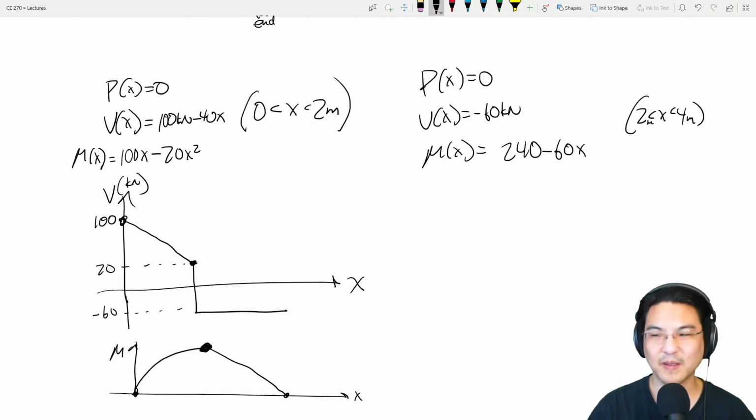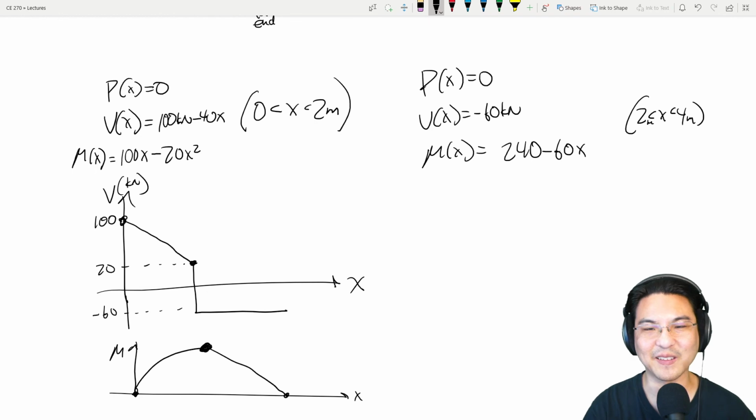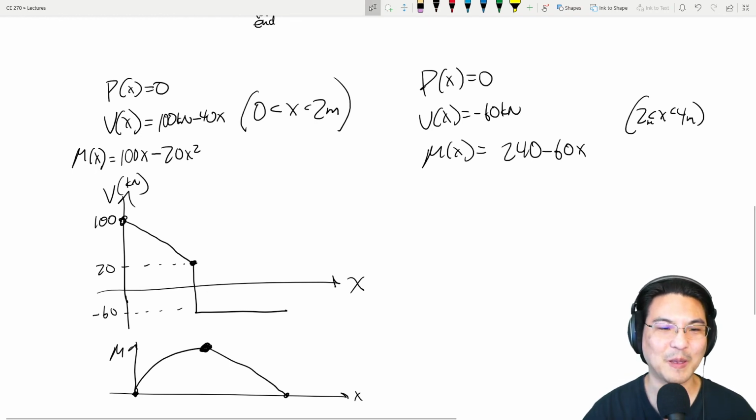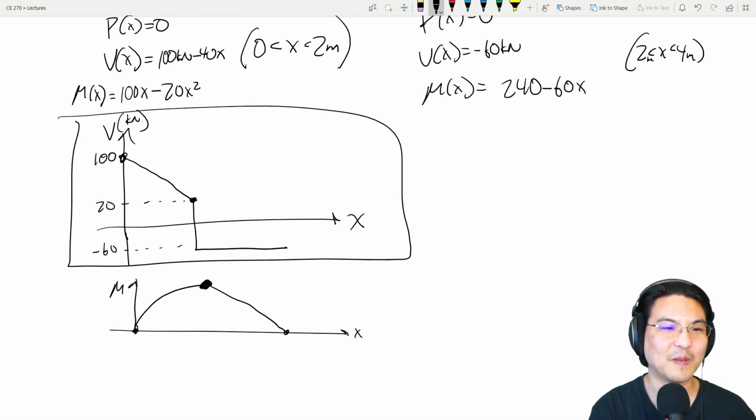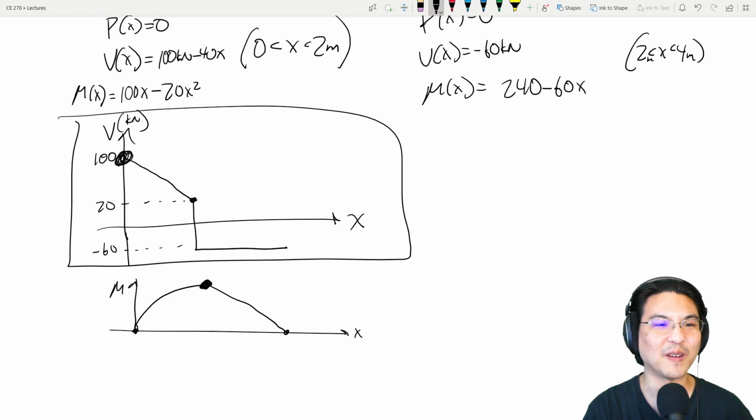There you go. And I'm not saying that you need to know how to graph things by just looking at it. You can just graph it on your calculator or on a computer. But it is important to visualize what's happening. So right, if you look at the shear, this gives you as an engineer important information. Like, okay, the shear is a maximum over here.